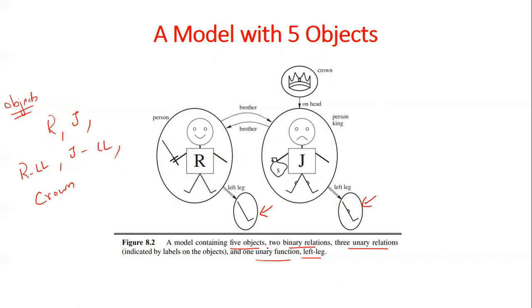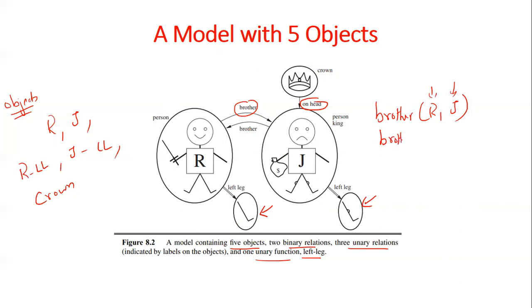And the binary relations. What are the binary relations? There is a binary relation brother. Brother is a binary relation. And on head is another binary relation. Because brother operates on two objects, you can specify brother of R comma J. There are two objects, so it is a binary relation.